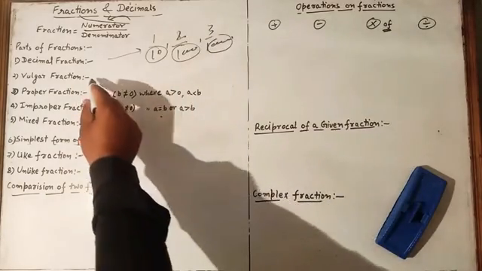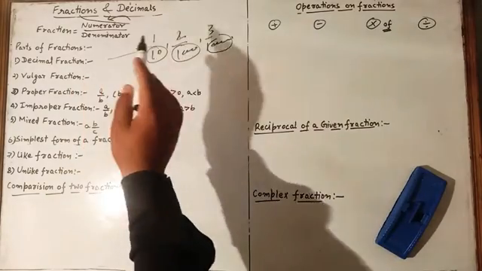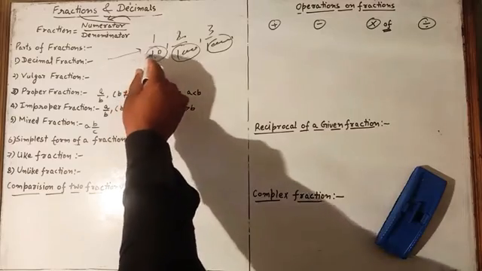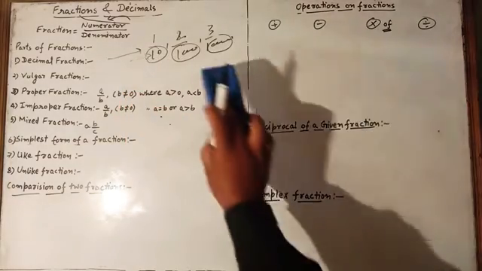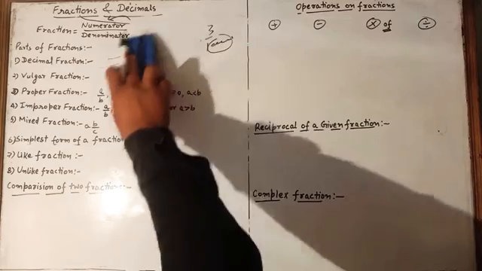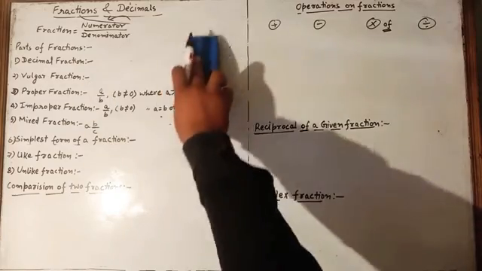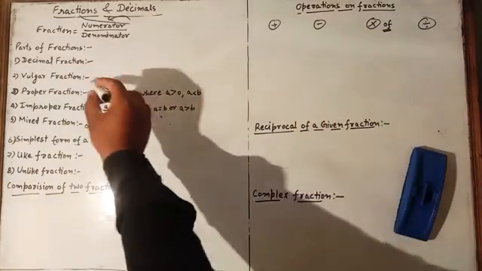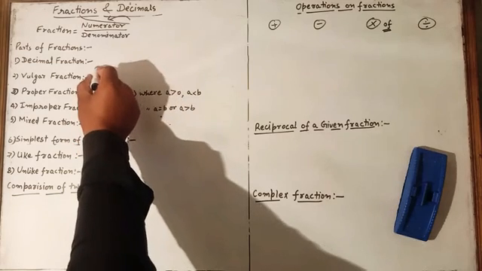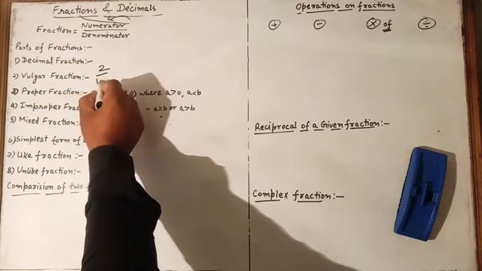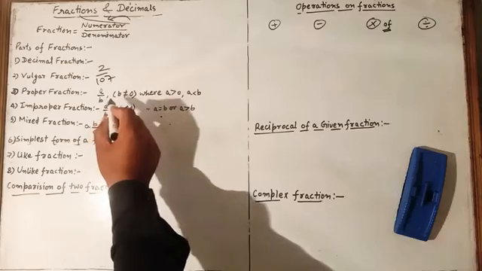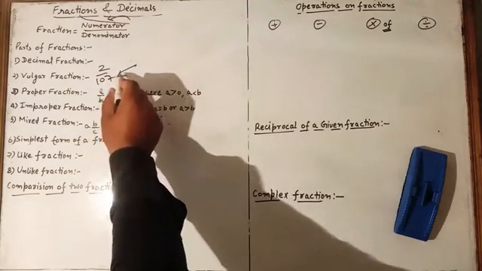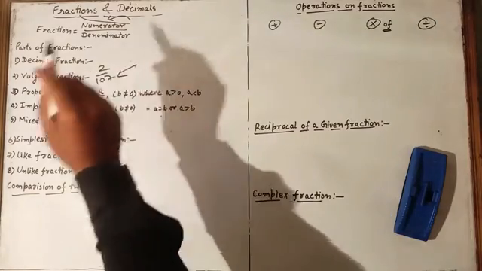A vulgar fraction is one in which the denominator is a whole number other than a multiple of 10, like 2 upon 107. This will be a vulgar fraction. Why? Because the denominator is not a multiple of 10. Like this we can write.